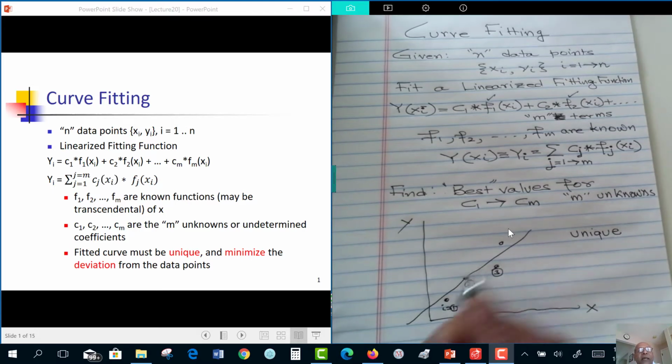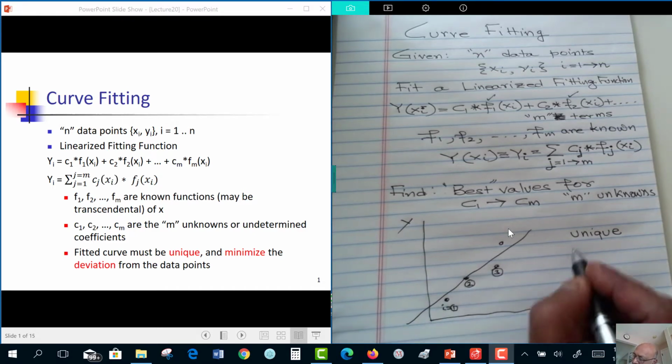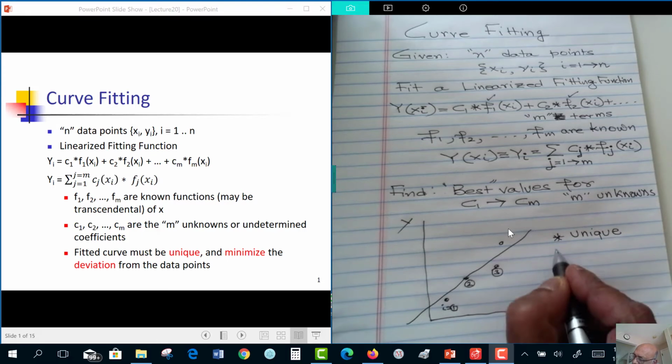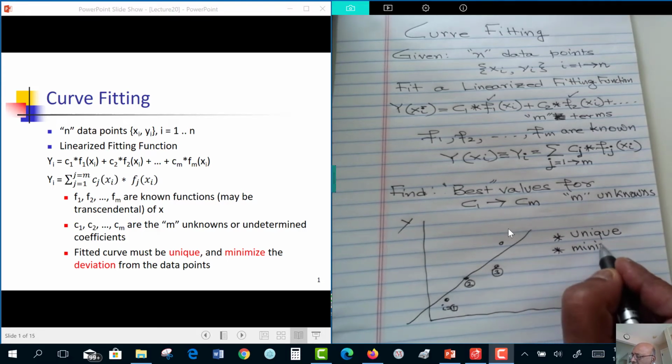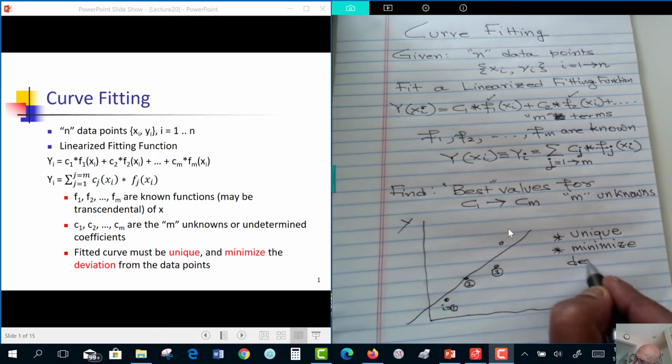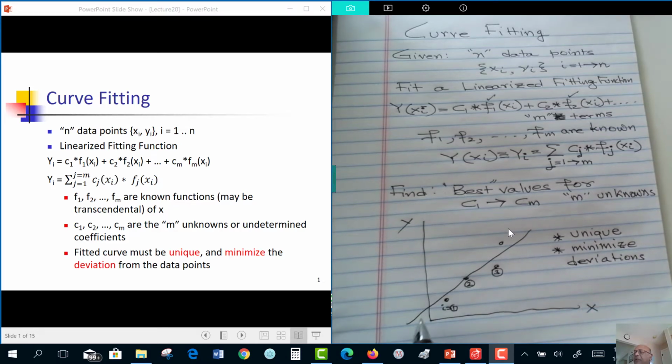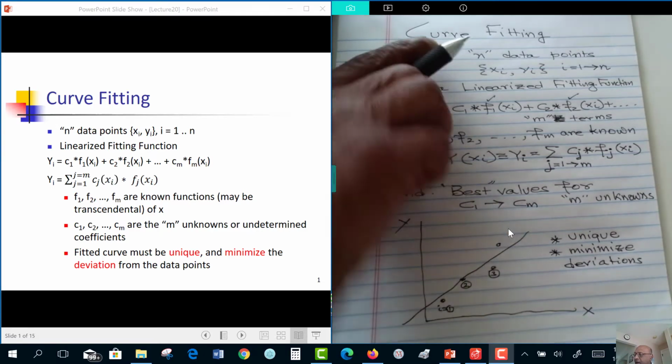No other line can be better than this. Also, it should be best fitting in the sense that it should minimize deviations from the data points. So it should be a good fitting line. It should not be very far away.